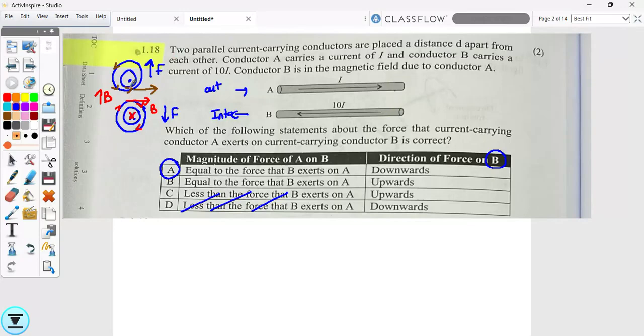It's the magnetic fields that are being created around each of them. So when the current flows in opposite directions, the magnetic flux density in the middle will always be a higher magnetic flux density. And that would mean that they're always going to repel each other. So the force will always be away from each other.